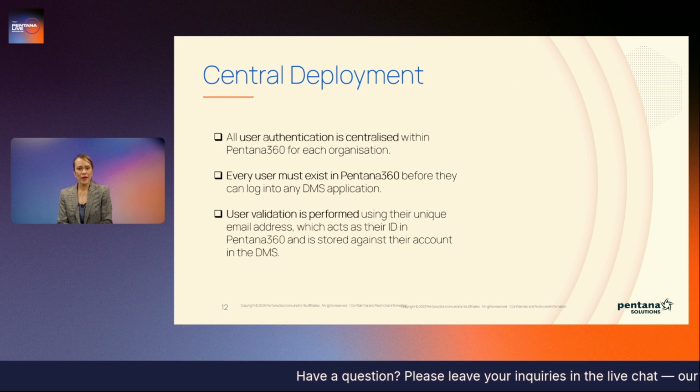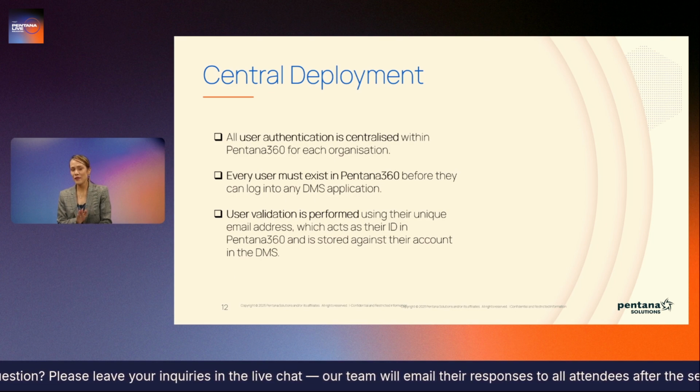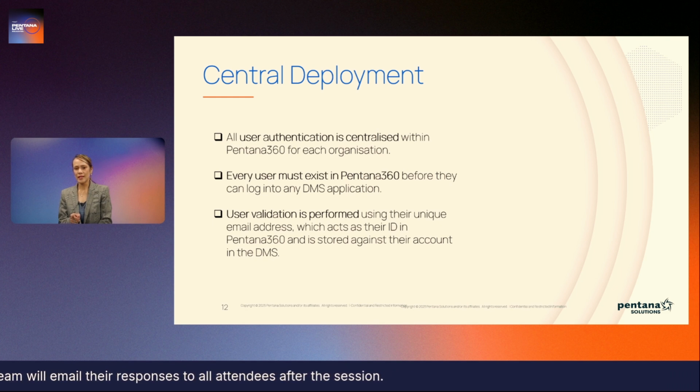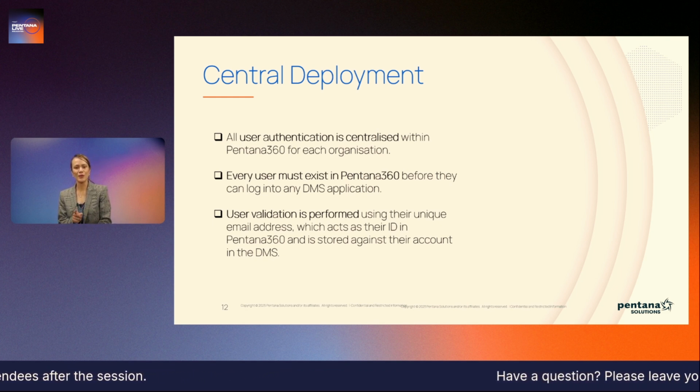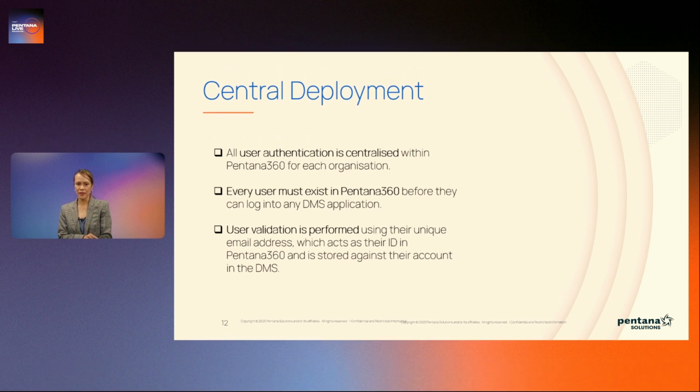A user is validated by their unique email address, which acts as their identifier in Pentana 360. That same email is stored against the user record in the DMS so the system can match the person signing in with the corresponding account in the downstream application.